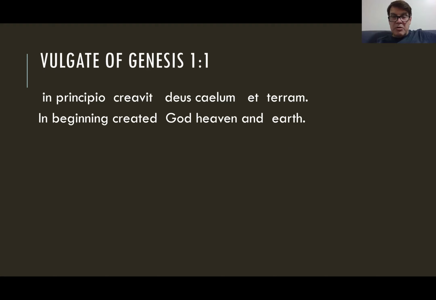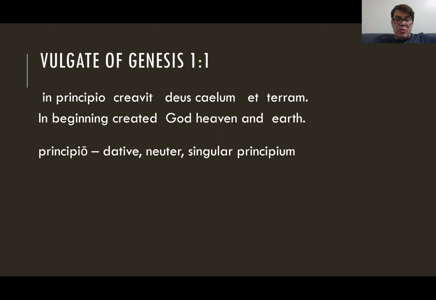Well, let's dig in. I don't know whether you've ever had Latin before, and so certainly you can learn Latin this way if you want. So principio, now in the normal text, the macrons over the O here, not there, but it is a long O. It is a dative, neuter singular from principium, meaning beginning.